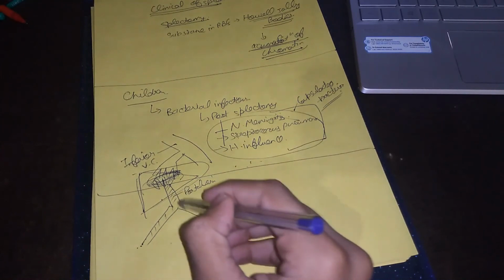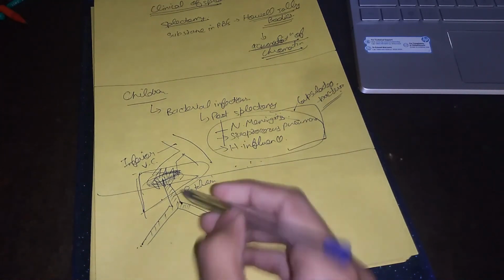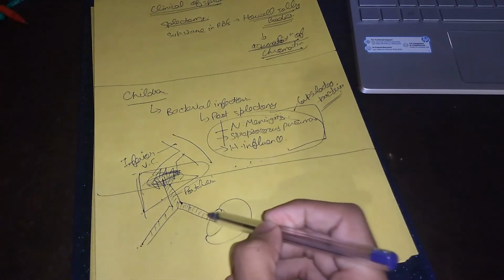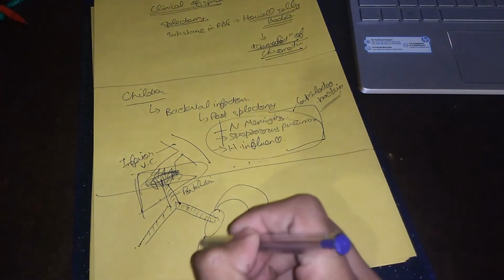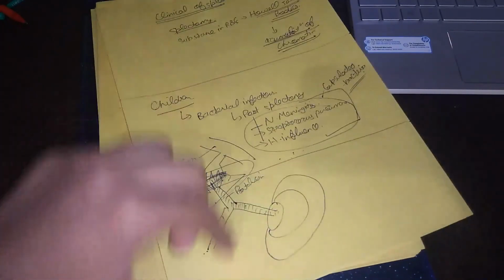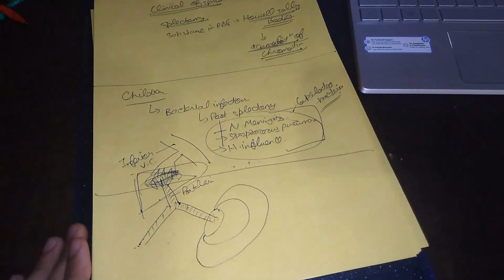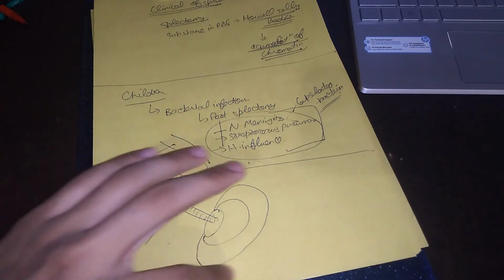This deoxygenated blood puts pressure on the splenic vein, the blood accumulates inside, and the spleen becomes enlarged.